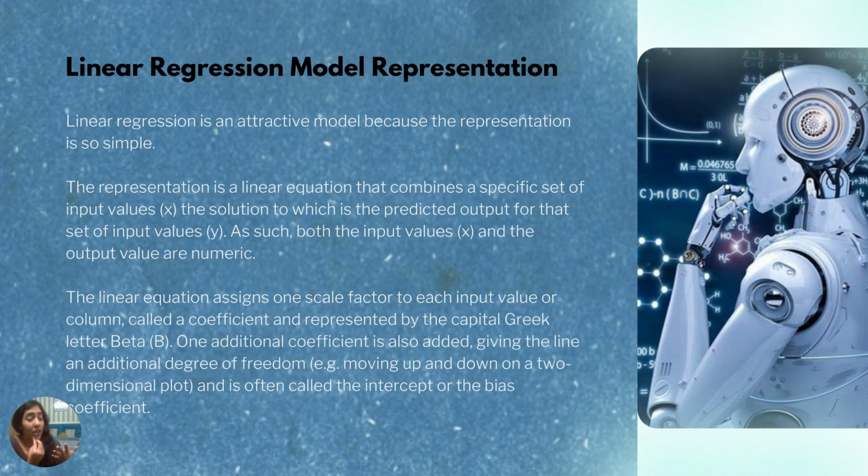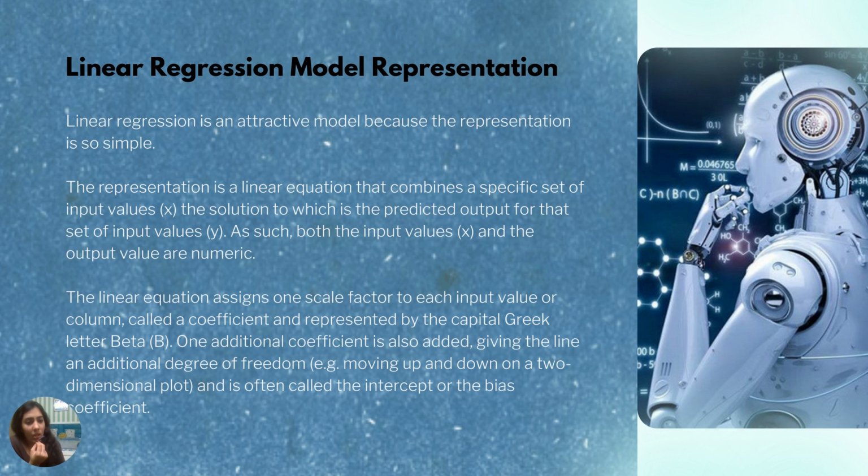Here is the linear regression model representation. Linear regression is an attractive model because the representation is so simple. The representation is a linear equation that combines a specific set of input values x, the solution to which is the predicted output for that set of input values. As such, both the input values and the output value are numeric.